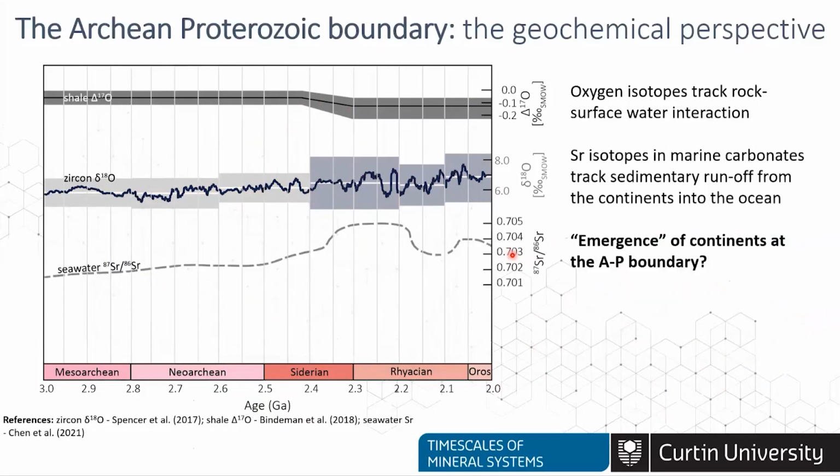Strontium isotopes are another tracer for continental erosion and weathering, as the felsic continental crust is a major reservoir of radiogenic strontium isotopes. And the dashed line here is the seawater strontium evolution as inferred from the marine carbonate record.